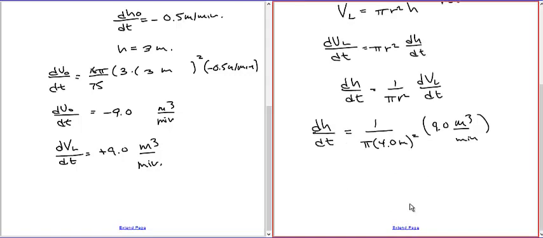So do that, we get 9 divided by pi divided by 16. And I get, oops, something's wrong there. 9 divided by pi divided by 16.